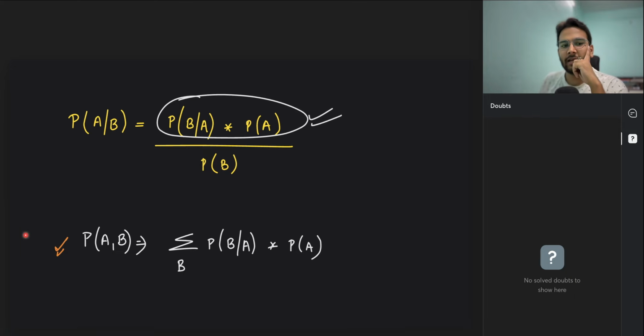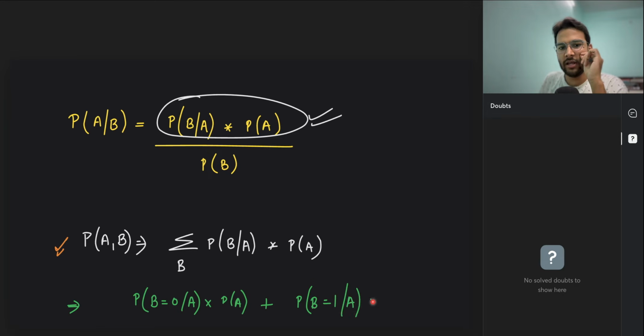Can I write this as, see, we are summing over B, right? B is a binary random variable, which means it can have two values. So can I write it like this: when B equals 0, probability of B equal to 0 given A into probability of A, plus probability of B equal to 1 given A into probability of A. Do you agree or not, everyone?